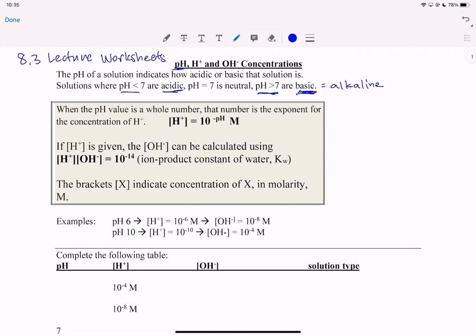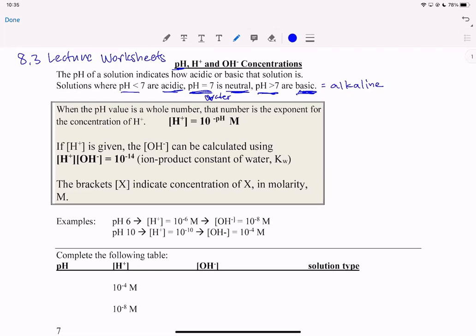And that's because you also have one more type of solution, which is called a neutral solution. And that's a solution where the pH is exactly equal to 7. Now, the only natural neutral solution is water. So water is a neutral solution naturally. You can have solutions that are also pH 7 that are not naturally pH 7, but they can be adjusted to have the pH of 7.